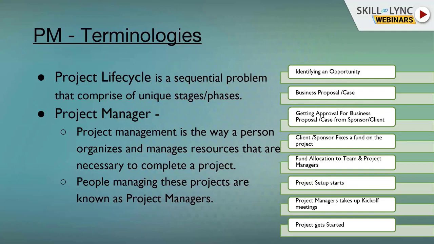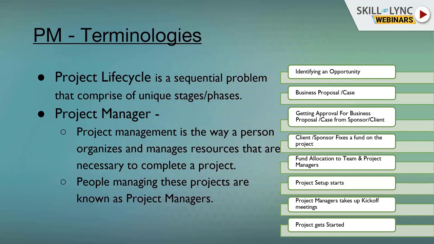Now, let's understand with an example how the project lifecycle works. Firstly, for a project to be identified, we need to understand what an opportunity is. Wherever there is a need, there is an opportunity, right? By that, I mean that we need to identify where the loopholes are for a certain process.